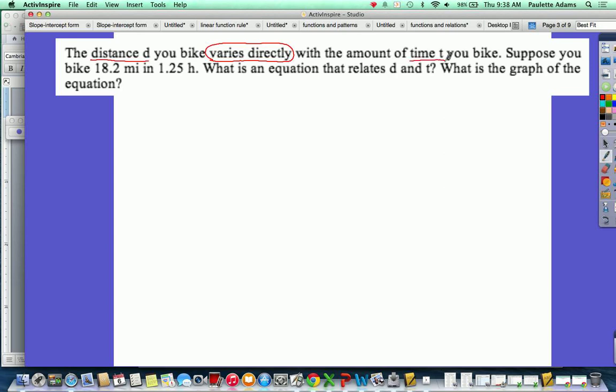T is time. Okay, that's what you've got to find. What is the equation that relates D and T? Okay, what else is important? 20 miles and 1.25 hours.